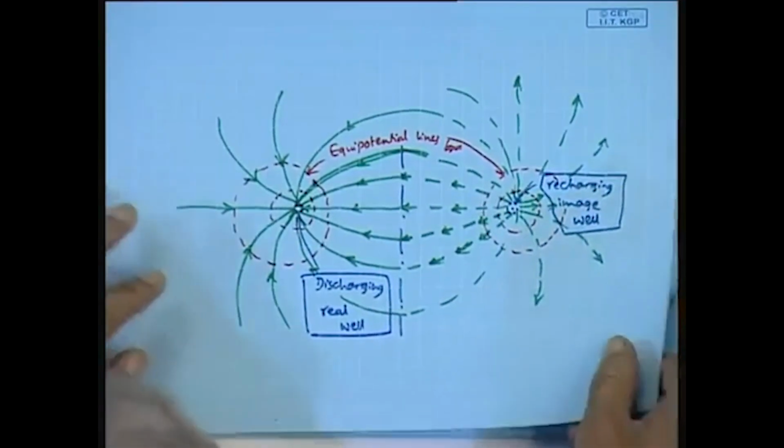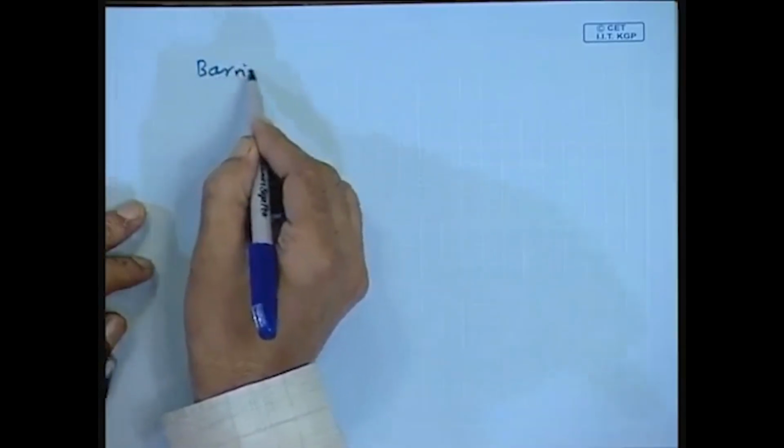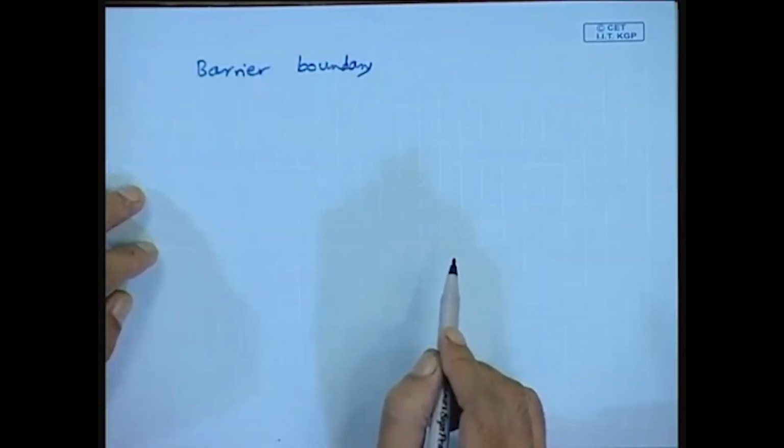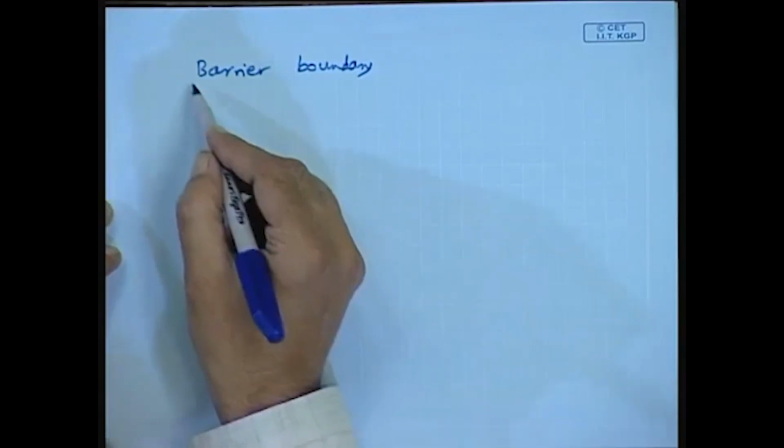And next we will consider the case of a barrier boundary. So far we have considered the case of a stream, and now let us consider the case of a barrier boundary.